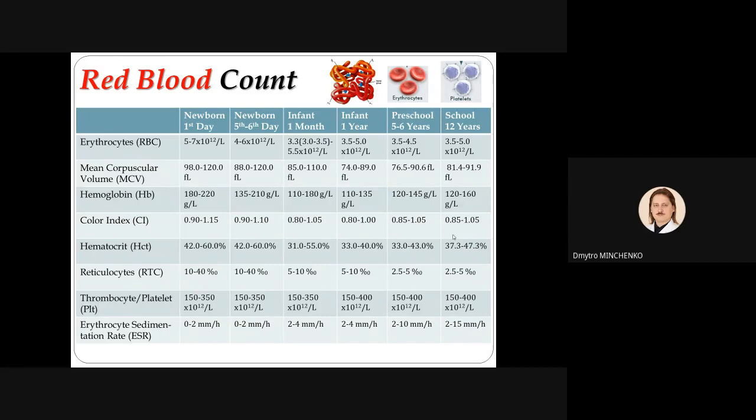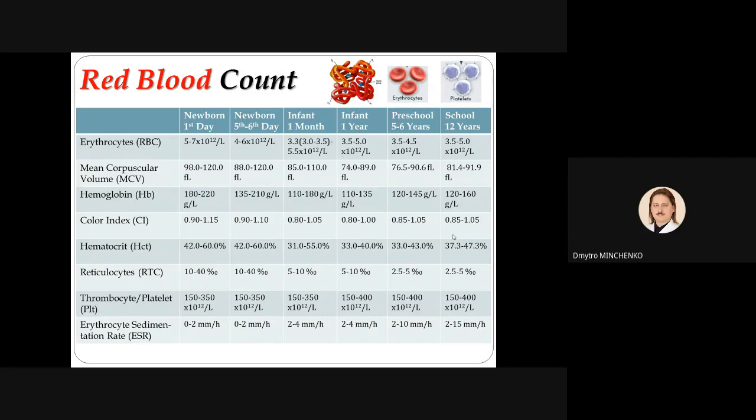And with time, the more erythrocytes with fetal hemoglobin become destroyed and replaced by alpha hemoglobin containing erythrocytes, the smaller they get.